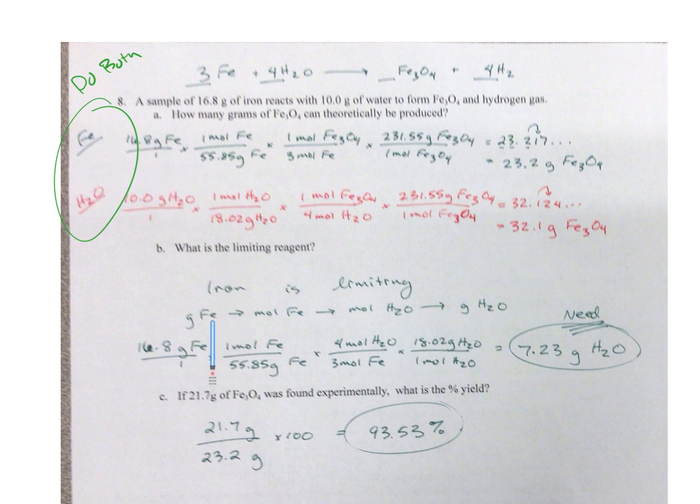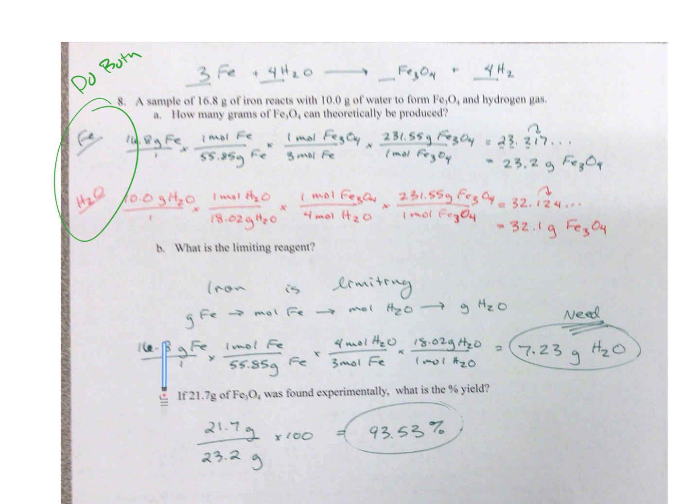And here, let's demonstrate. If you have that amount of iron, how much water would you need? So we can go from an amount of iron measured in grams to an amount of water required measured in grams, but you still have to do the grams to moles, moles to moles, moles to grams.